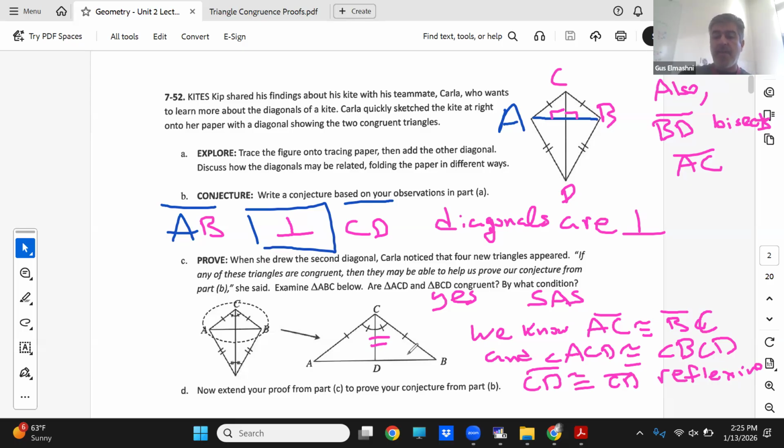So once I have that, then these two angles, angle ADC and BDC, have to be the same. And because they form a linear pair, they have to be right angles. Because they're right next to each other and they're the same, they both have to be 90.